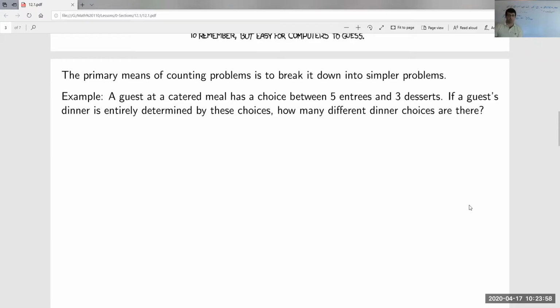So example, a guest at a catered meal has a choice between 5 entrees and 3 desserts. If a guest's dinner is entirely determined by these choices, how many different dinner choices are there?